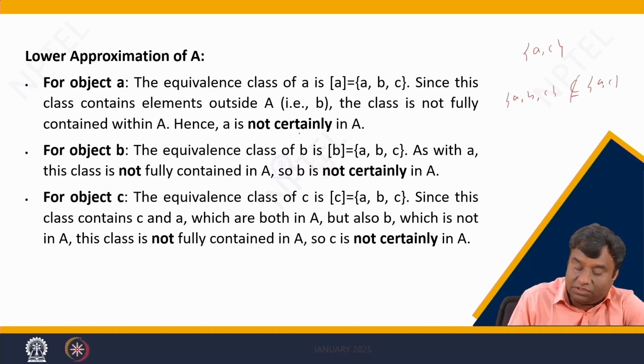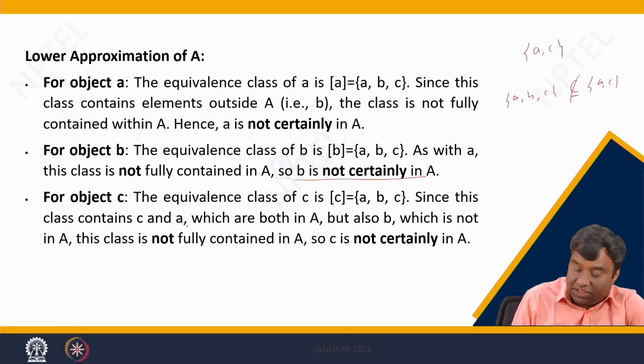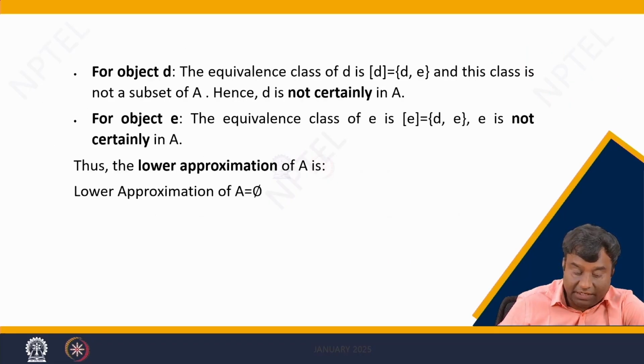Hence A is not certainly in the target set. Similarly, B has class {A, B, C}, so B is also not certainly in it. C is also not certainly in it. Similarly, D and E are also not certainly in it. So the lower approximation is the null set.